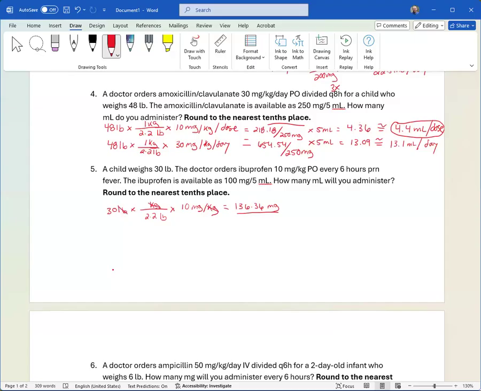I know I usually show that, I'm just trying to run through this real quick. And then it said 100 milligrams per 5 ml, times 5 divided by 100, and then I get 6.81, and I'm going to round that to 6.8 milliliters.